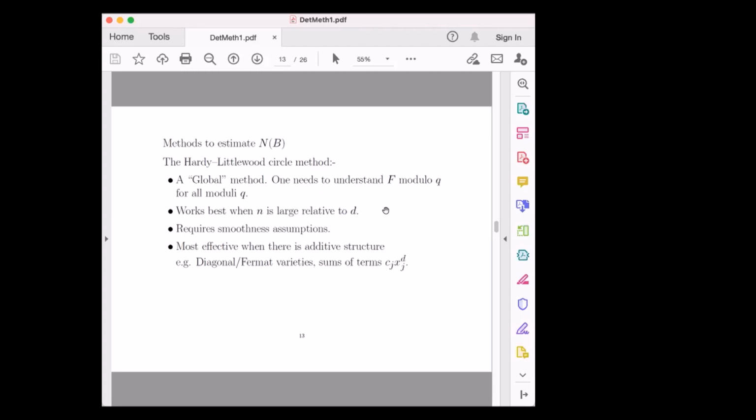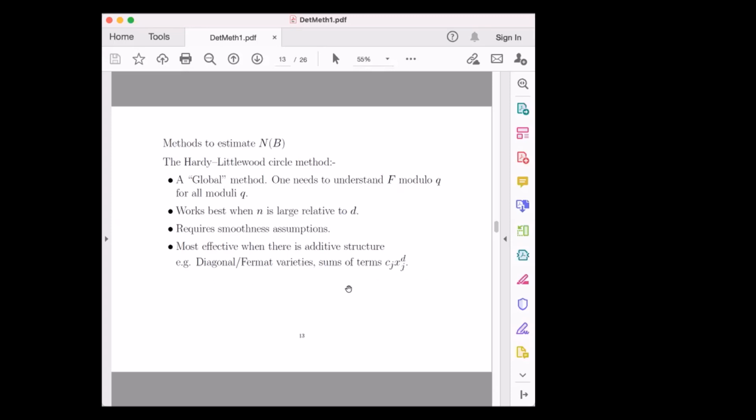It requires some sort of smoothness properties. And the version of Birch's theorem that I quoted actually requires the variety to be smooth. In fact, all that Birch requires is that it has a certain degree of smoothness. And it is most effective when there is some sort of additive structure. So in particular, if you have diagonal or Fermat varieties, where the polynomial f is made up of a sum of terms c_j times x_j to the d, then it will work very well.